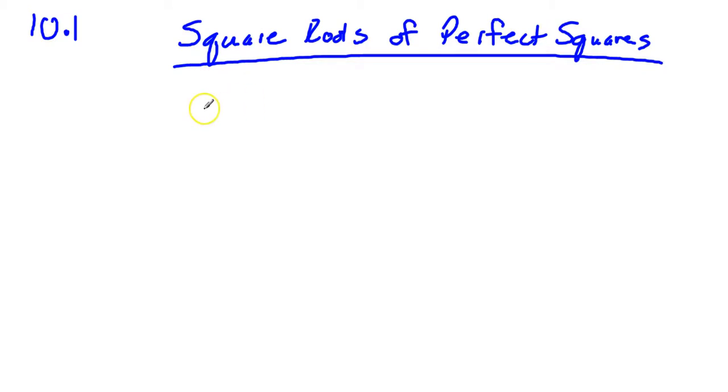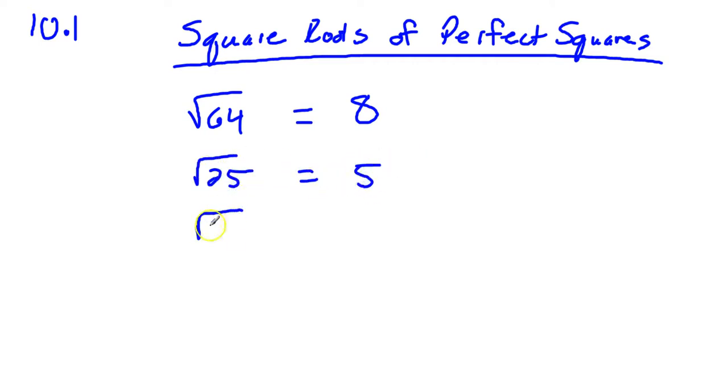If you're doing the square root of 64, well, that's just 8. They're going to do square root of 25, which is 5. Square root of 36, 6. Square root of 49. So they're going to go through that whole list of numbers where you're just going to do one number times itself.